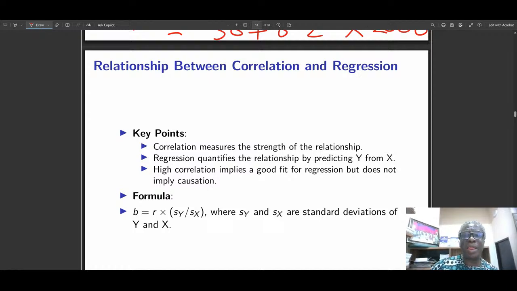So high correlation implies a good fit for regression because if the relationship is very strong, then the tendency is that you can use one to predict the other.